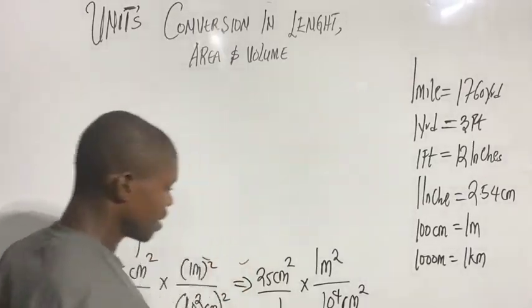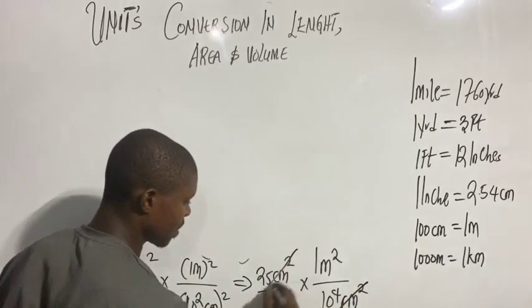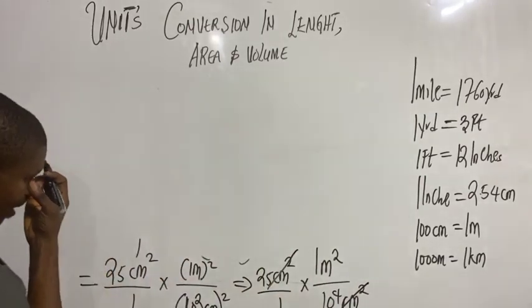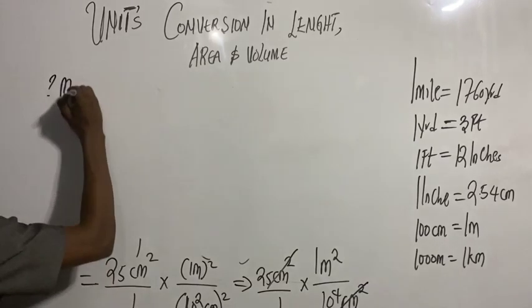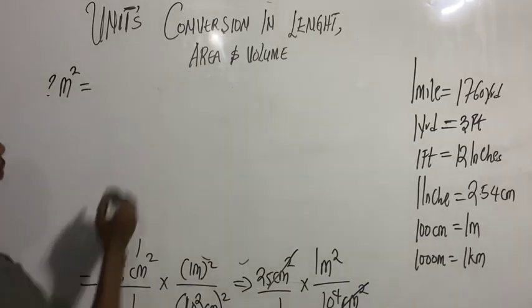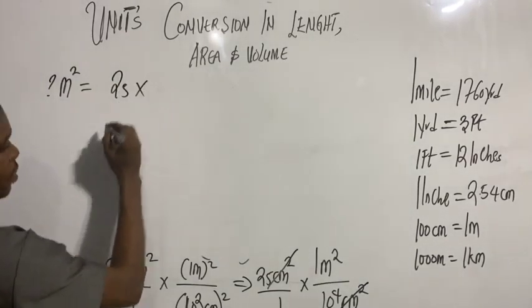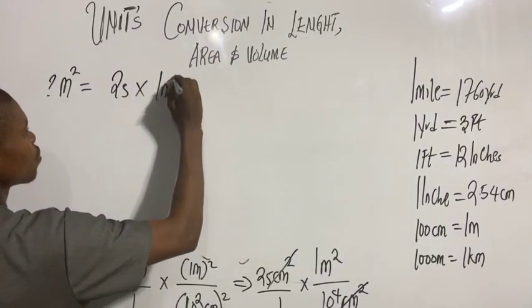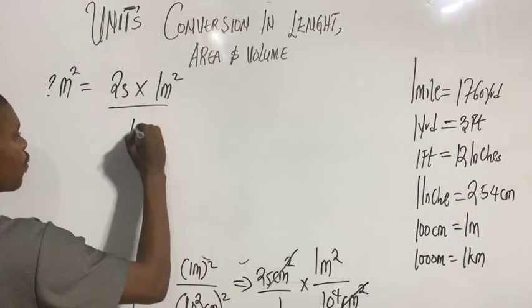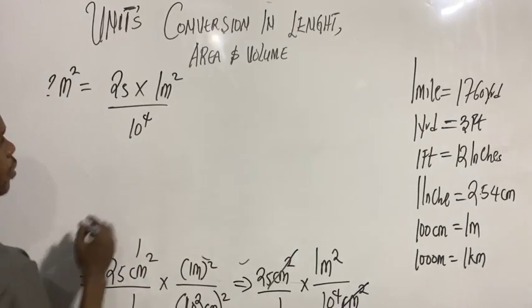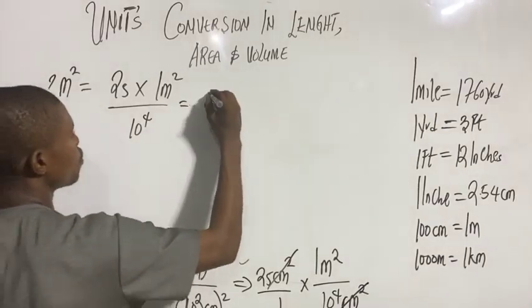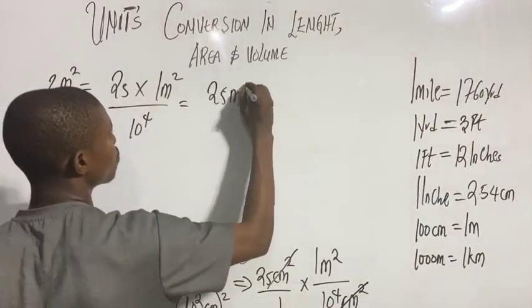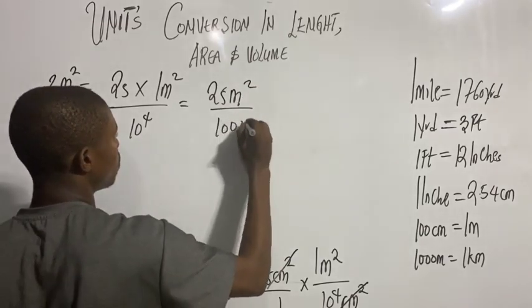So you can see that centimeter square, you can see that meter square, right? So it means that meter square is equal to 25 times 1 meter square over 10 raised to 4. You get it? Now this one is also the same as 25 meter square over 10,000.